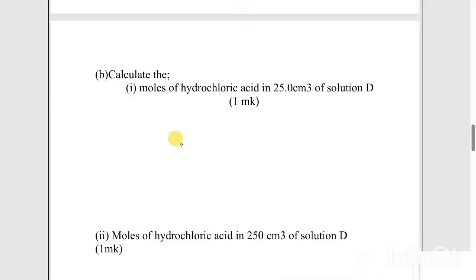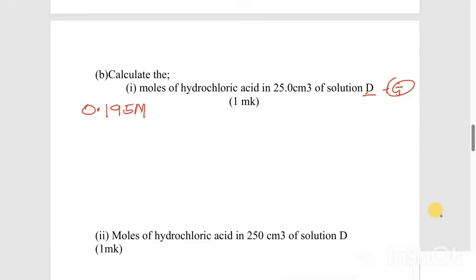But we know that D has reacted with G. G is the sodium hydroxide, and we know the molarity of sodium hydroxide. 0.195 is the molarity of sodium hydroxide solution G.